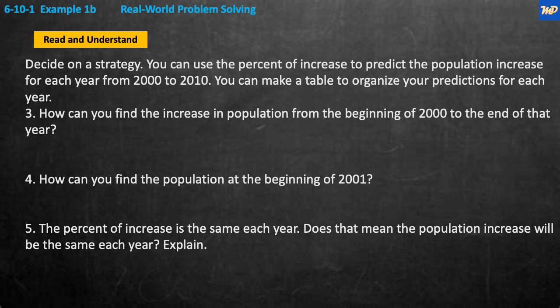You can do that by multiplying 273.5 million people times 0.85%, and that is going to give you the amount that's going to increase based on this original number, and then you're going to add the original number, the 273.5 million.